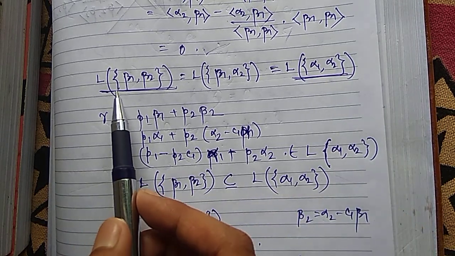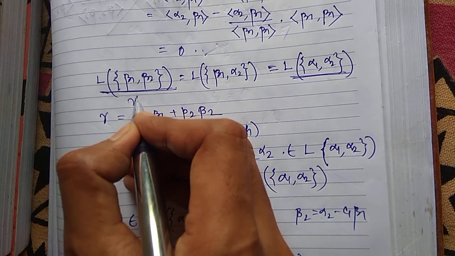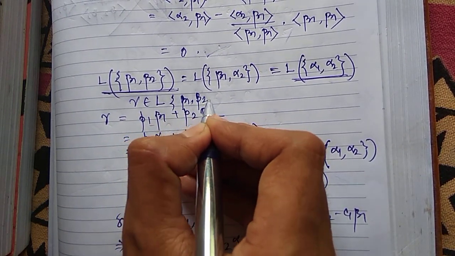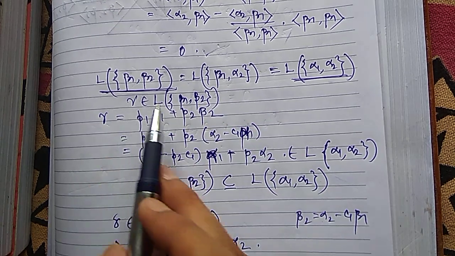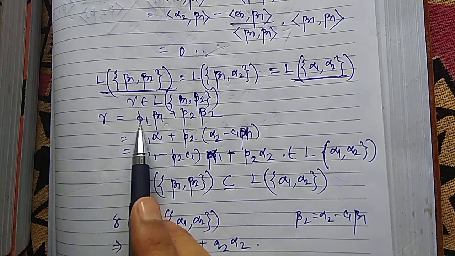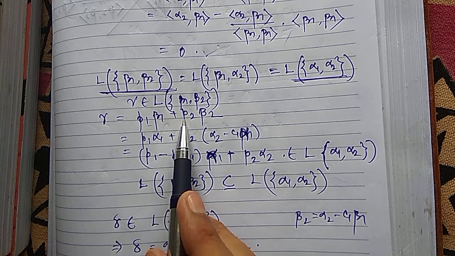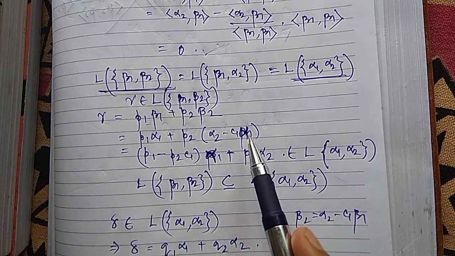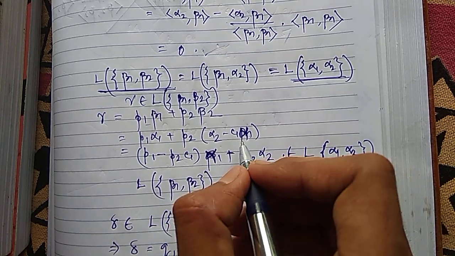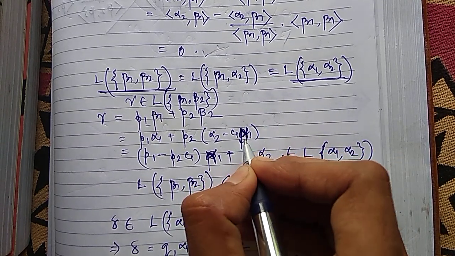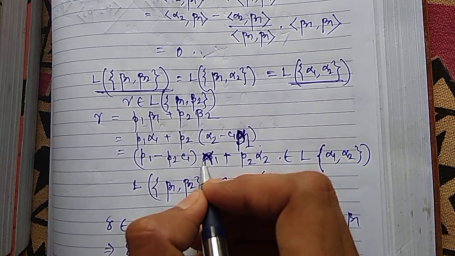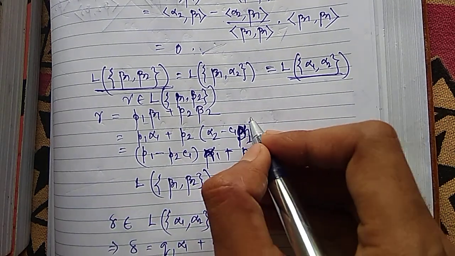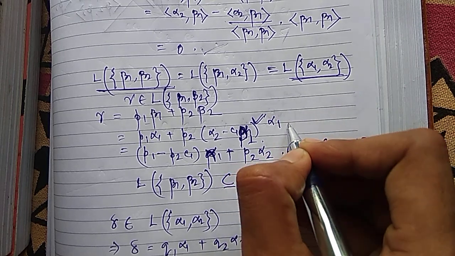Suppose gamma is a member of linear span of beta 1 beta 2. Then gamma can be written as some scalar p1 into beta 1 plus another scalar p2 into beta 2. For beta 2 I substitute alpha 2 minus c1 beta 1, and for beta 1 I can write alpha 1.